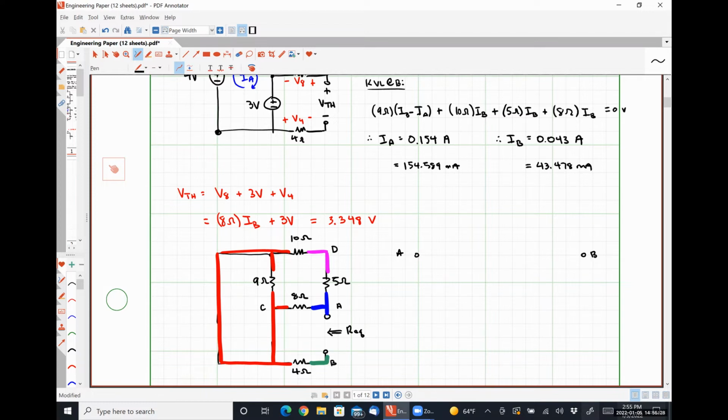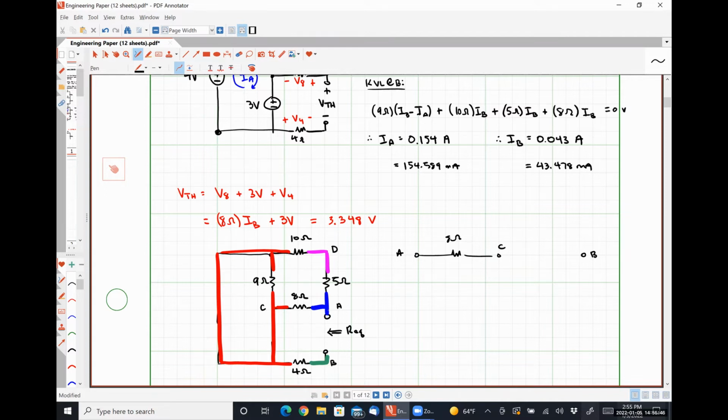And to go from A to B, I can go from A to C to B. So let's put C here in the middle. So from A to C is the 8 ohm resistor.